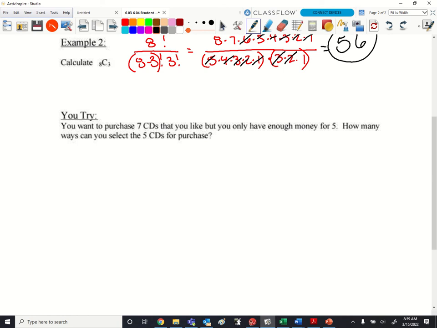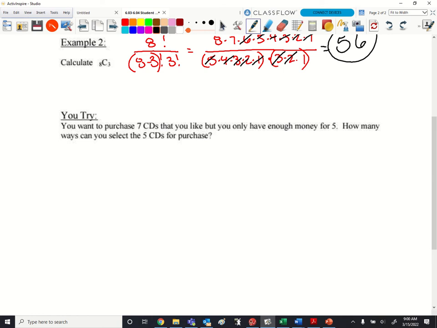What is r going to be? How many are we choosing? Okay. Close factorial times 5. There we go. So now, go ahead.